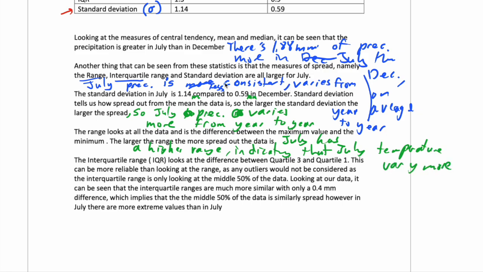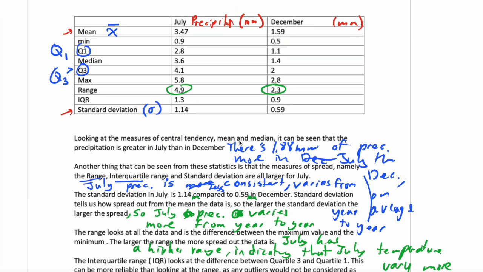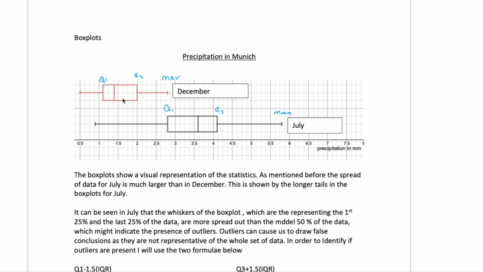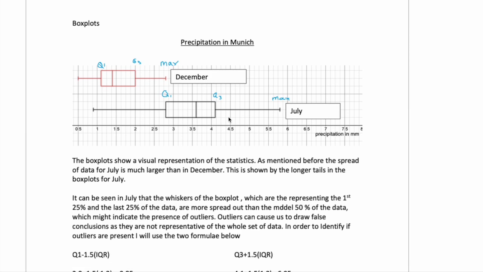So perhaps you could put all that information into one paragraph and say that all these things indicate that July precipitation varies more. Let me just clean it up a bit. And the interquartile range is also a measure of spread. Let's just take a look at the box plot. See, the interquartile ranges are pretty similar actually, so maybe there's not that much to say about that.